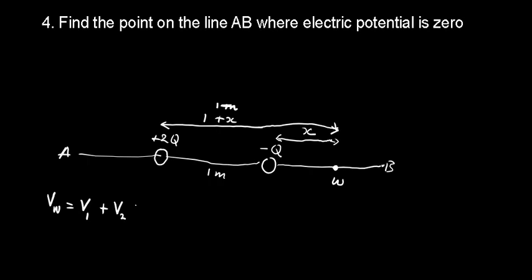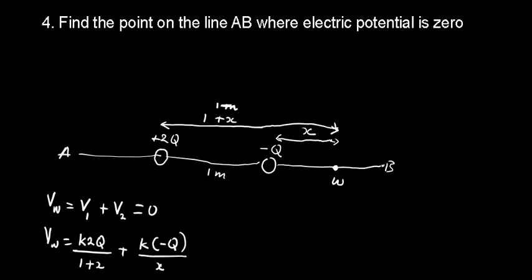So potential at W will be equal to potential at 1, which is K 2q over the distance 1 plus x, then plus the potential at 2, which is K negative q all over x, and it will be equal to 0.